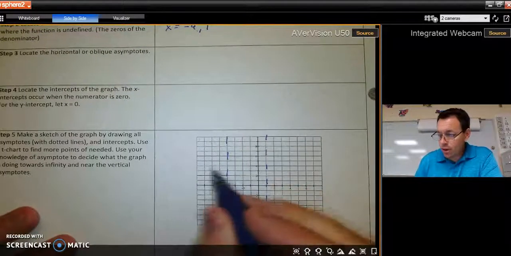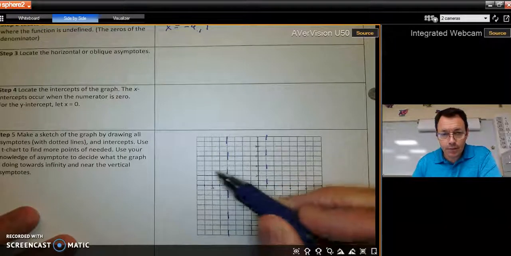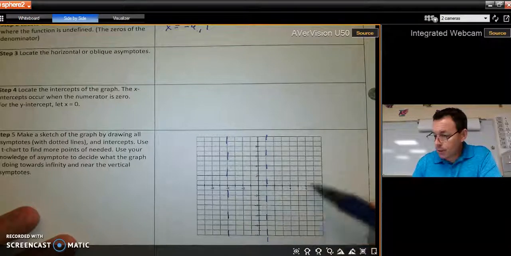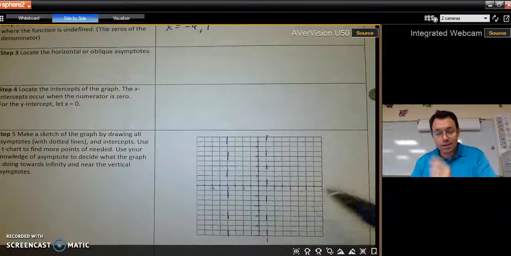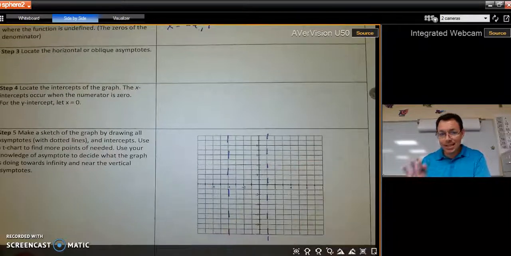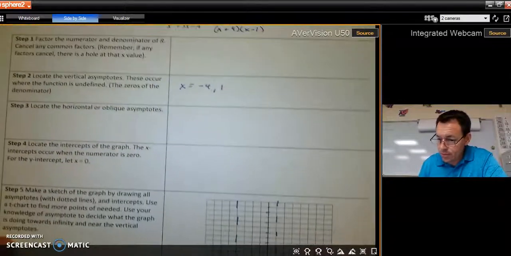Remember, you can't cross these. So there's going to be a part of our graph on the left, a part in the middle, and another part on the right-hand side. Every time you draw a vertical asymptote, you're dividing your graph into pieces. So there's going to be 3 distinct sections when we go to graph this. So there's our vertical asymptotes.